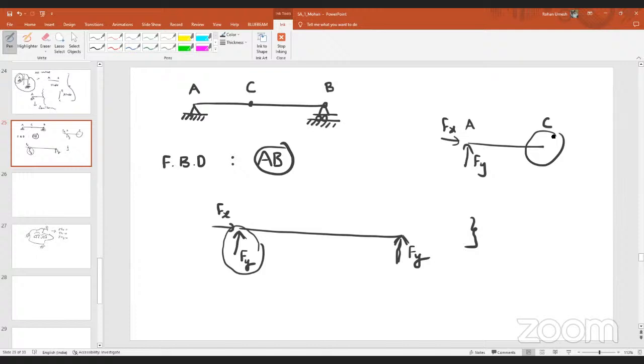Whoever's voice is not able to come through can type, sorry. So it's a fixed support. First question: do we have to represent forces at C or not? Not, sir, no need to represent. Any other answers?